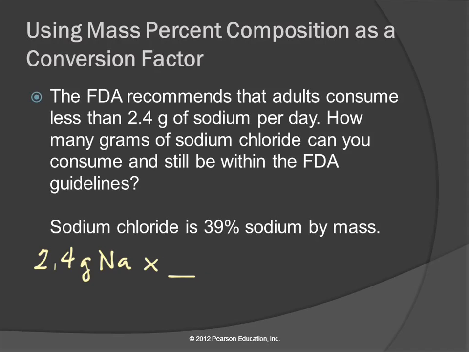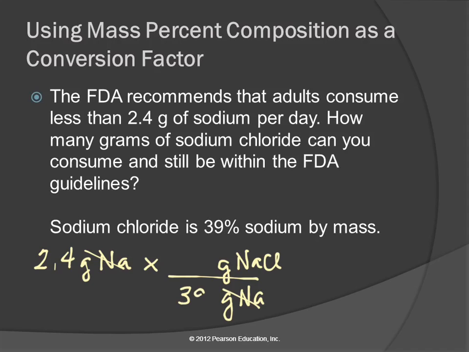So we're going to multiply, and we're going to just put our units in using dimensional analysis. We want grams of sodium on the bottom. We want grams of sodium chloride on top. So the units cancel out. 39% sodium means 39 grams of sodium per 100 grams.